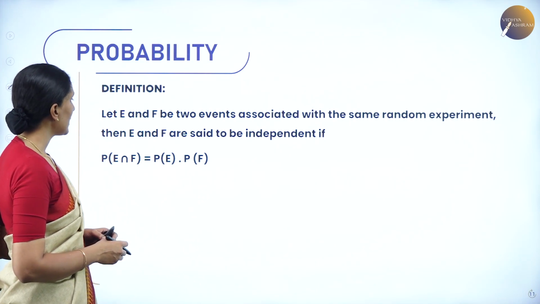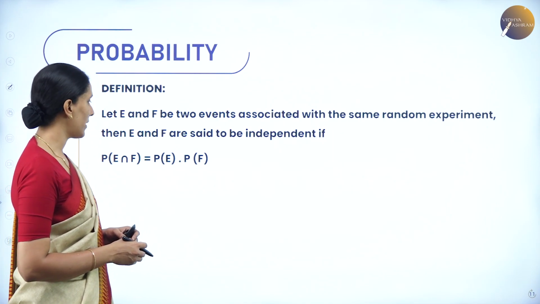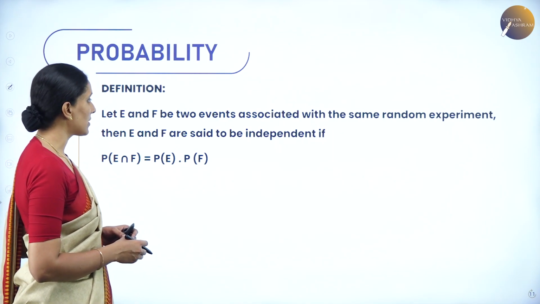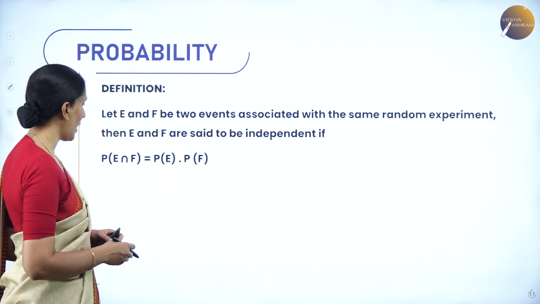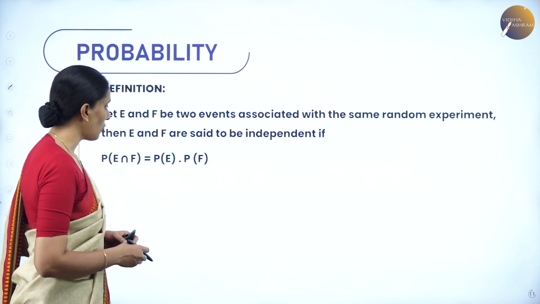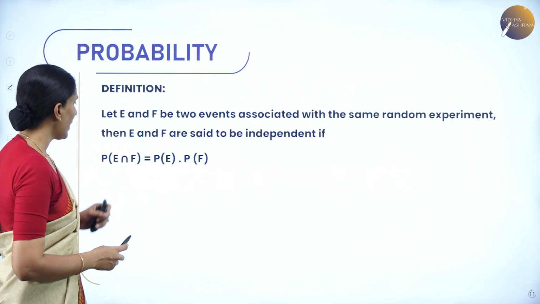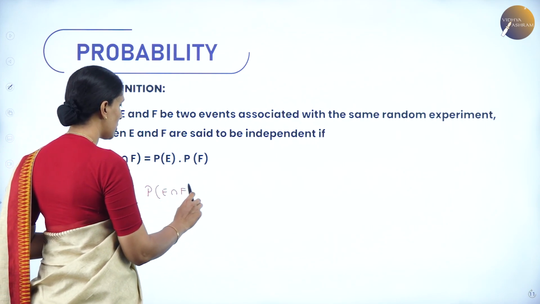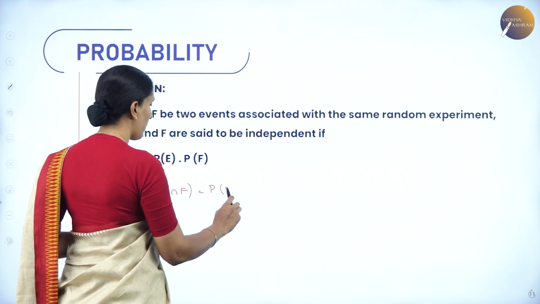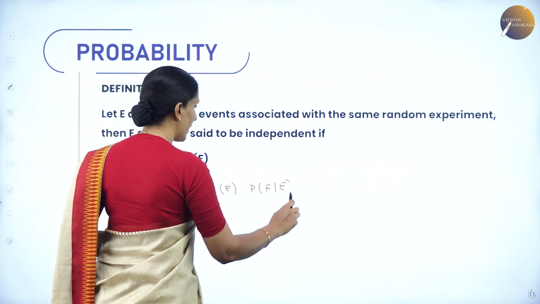That is, let E and F be two events associated with the same random experiment. Then E and F are said to be independent if probability of E intersection F is equal to probability of E times probability of F. Whereas for conditional probability, probability of E intersection F will be equal to probability of E times probability of F given E has already happened.